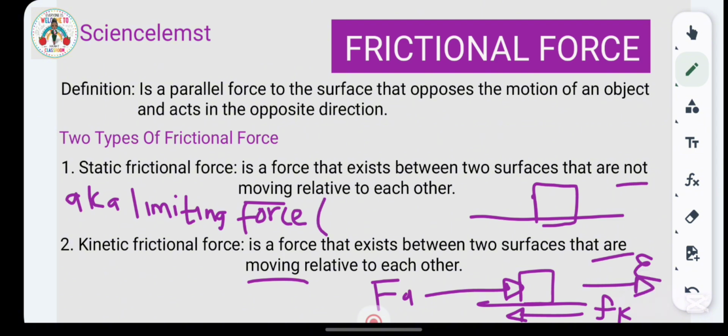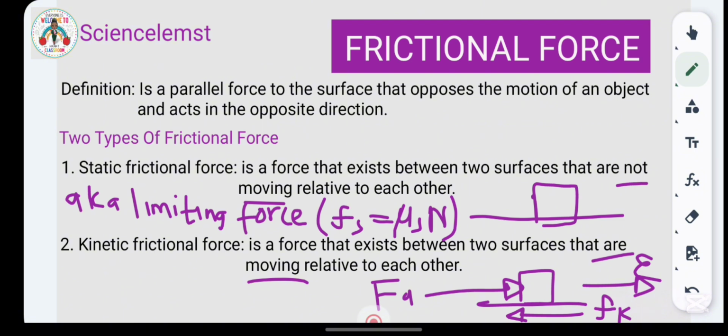To calculate static frictional force, we are going to say Fs. We're saying Fs because we are specifying it is static frictional force. It is equals to Us, the coefficient of static frictional force, multiplied by the normal force. So that is the formula for static frictional force.